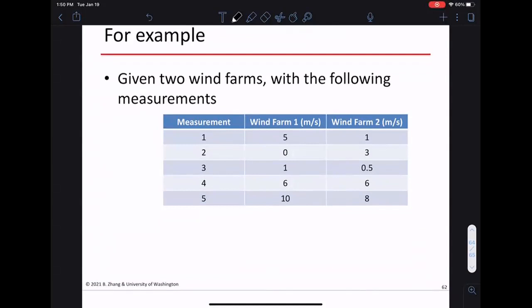For the first measurement, wind farm 1 gave us 5 meters per second, wind farm 2 gave us 2 meters per second, and so on. We want to find the average, the standard deviation, and let's say the cross correlation between these two sites.